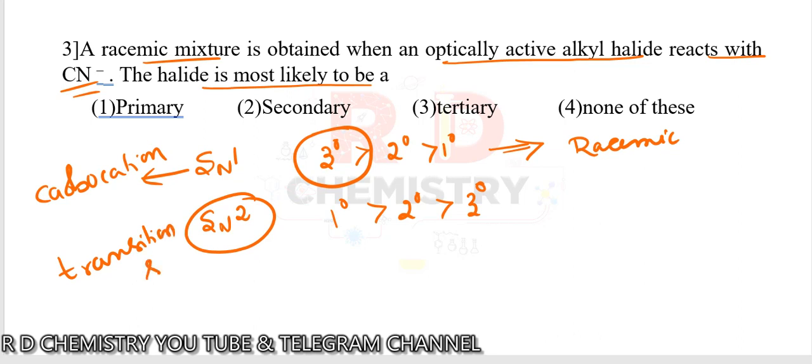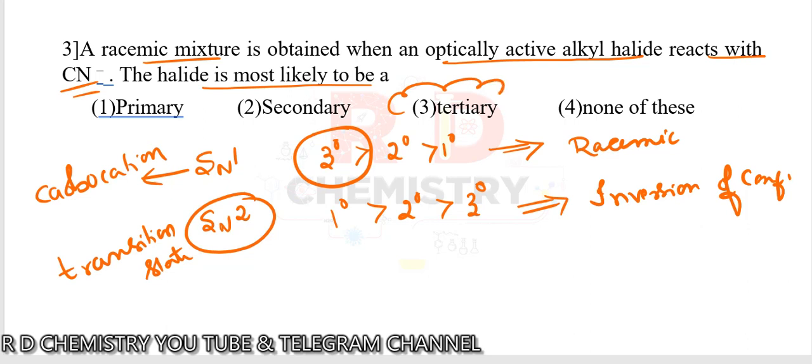And this will lead to always inversion of configuration. Right? Therefore, what is the answer? Racemic mixture. Therefore, the answer should be tertiary. Third one is the answer. Fine.